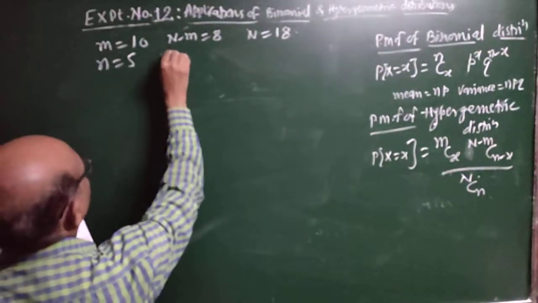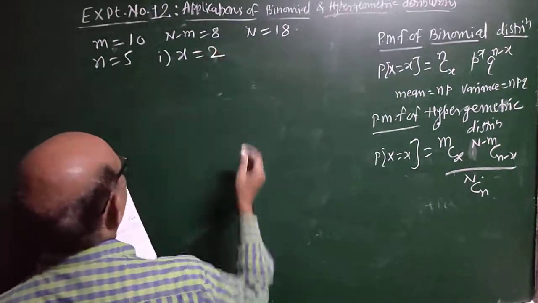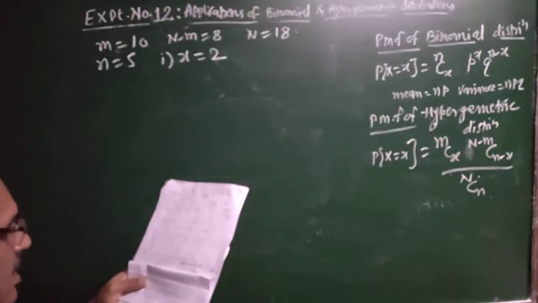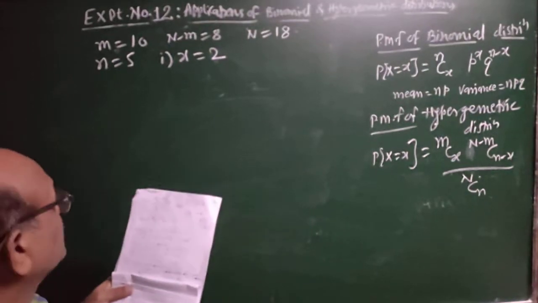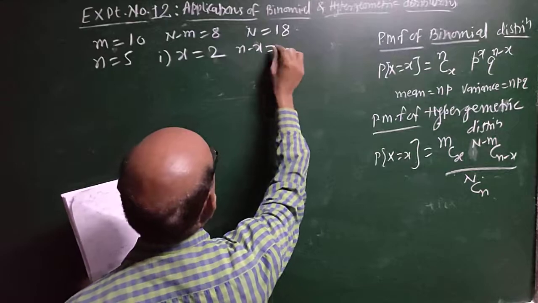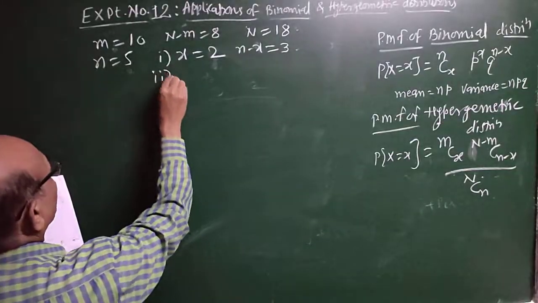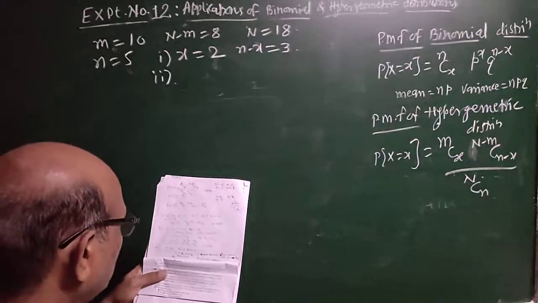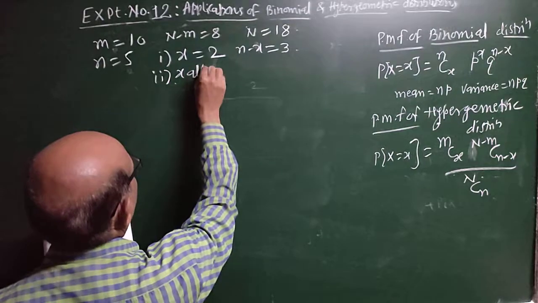So the first part is X for M, therefore X is 2 of them are Tata Indica and the remaining are Maruti. So N minus X will automatically be 5 minus X, which is 3. Second part, what you have to calculate? At least 3 of them are Maruti.